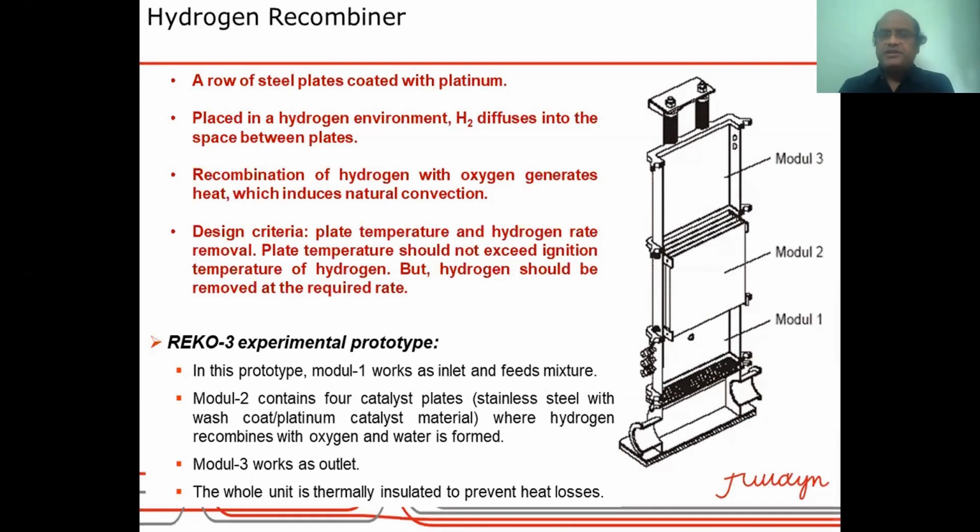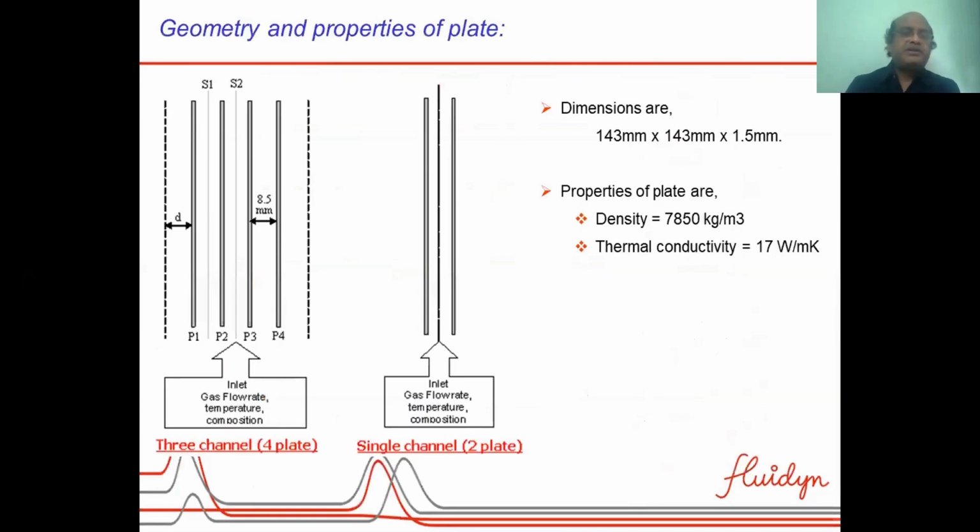For example, this picture shows a schematic. There are plates with a gap between them, immersed in the hydrogen environment. Hydrogen slowly diffuses into the gaps, and it reacts slowly, generates heat. Now the temperature increases, and the increased temperature causes natural convection. So natural convection starts setting in.